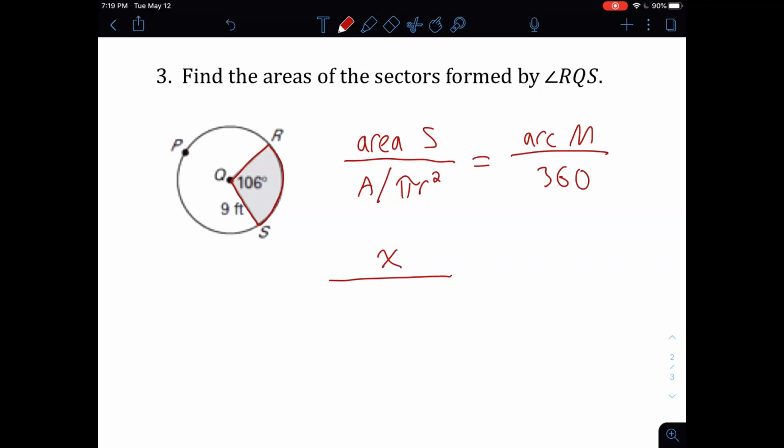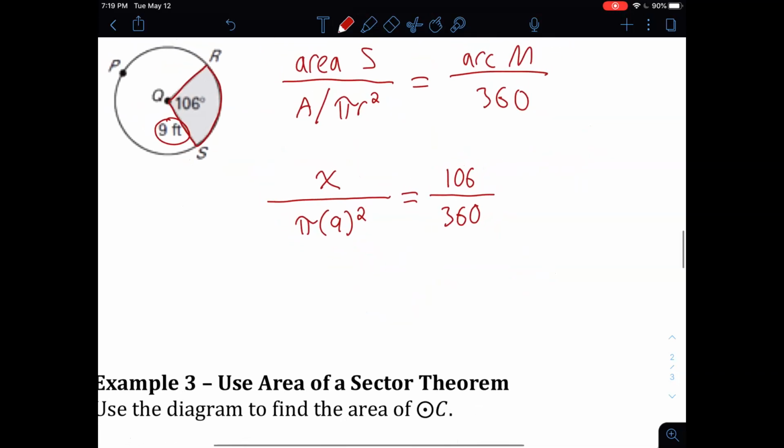Now, do we know the area, or the radius, or the diameter for this circle? This 9 feet is the radius, so we're going to use pi times 9 squared equals, and what's the arc measure? What's the degrees? 106 over 360.